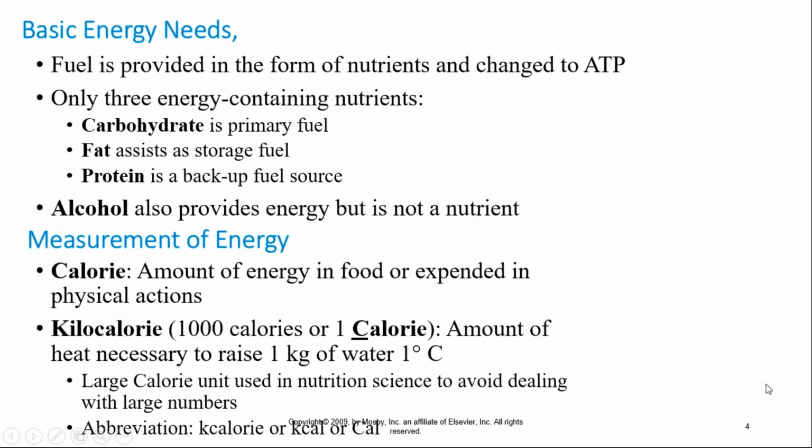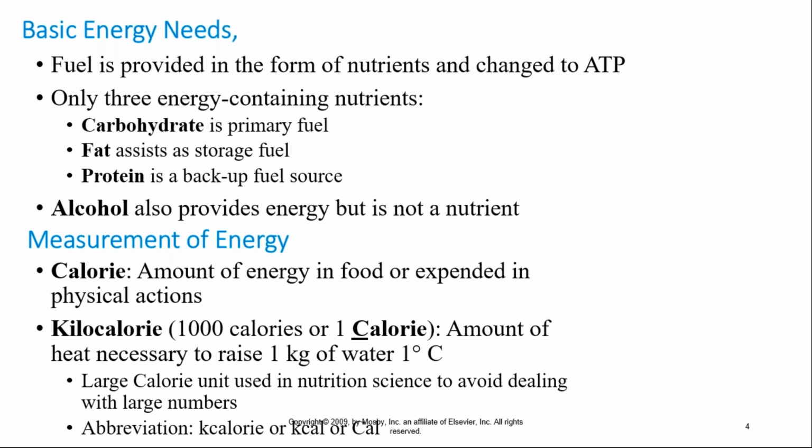The fuel is provided to the body by the macronutrients, that is the carbohydrates, the proteins, and the fats. And we have seen on Friday how the carbohydrates and fats can be changed into ATP or stored as ATP, which is produced in the mitochondria.